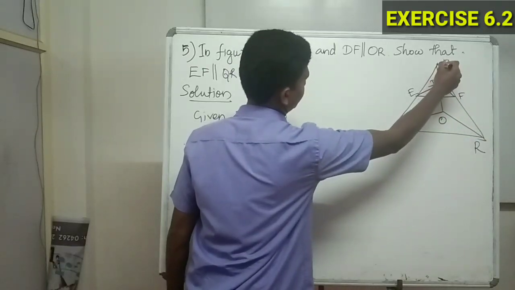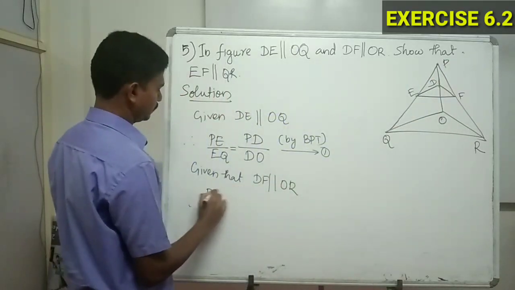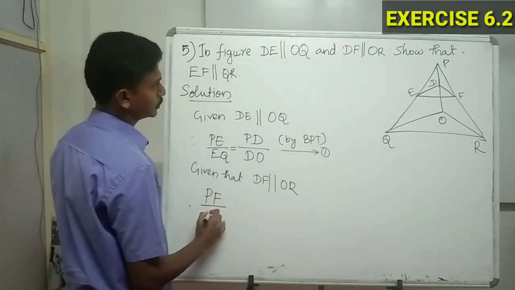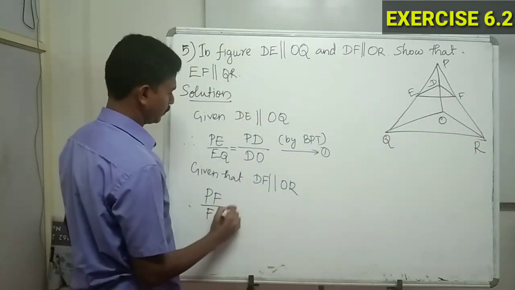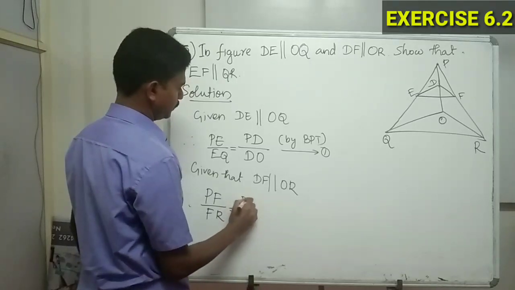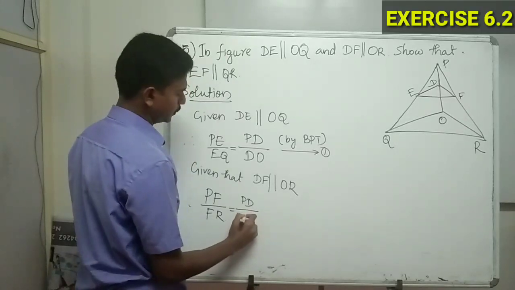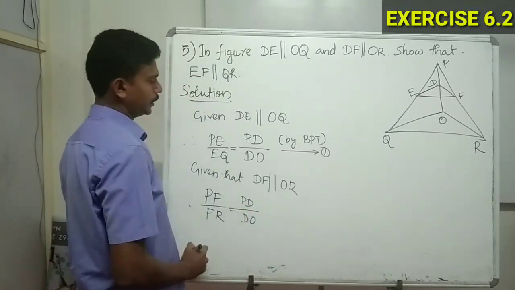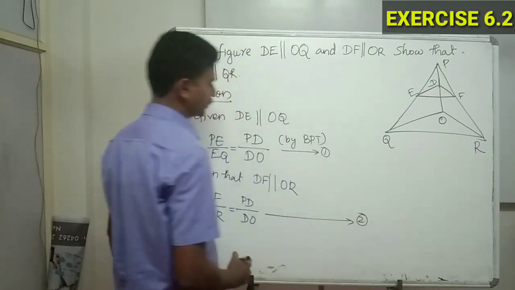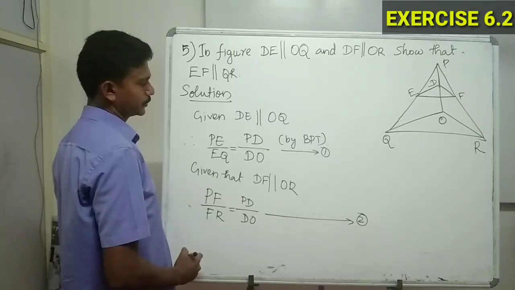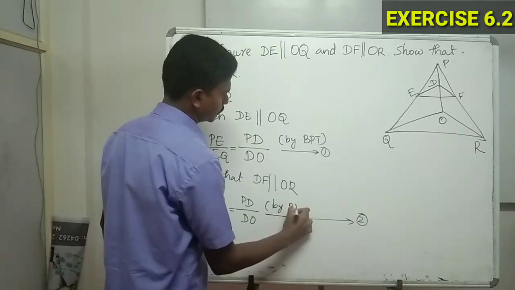So we can say that here also PF by FR is equal to PD by DO. We can say it is equation 2 by basic proportionality theorem.